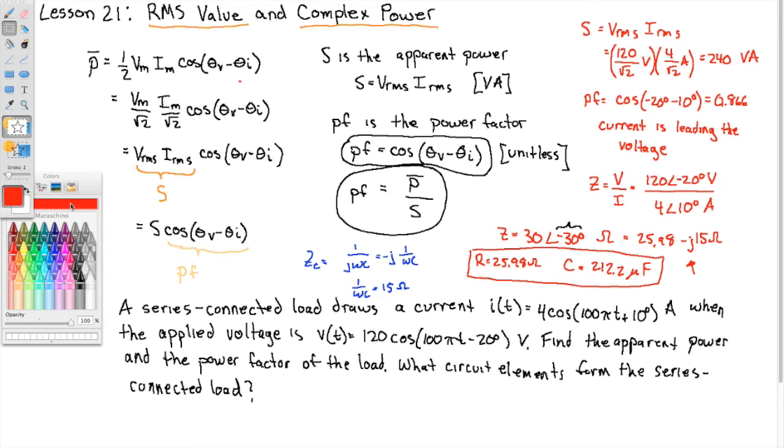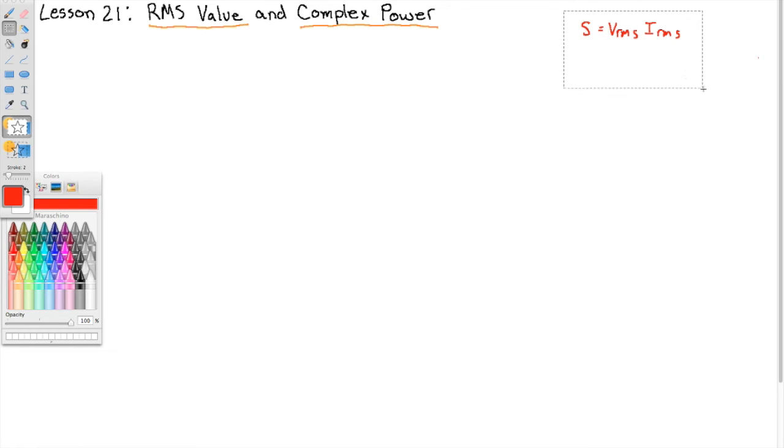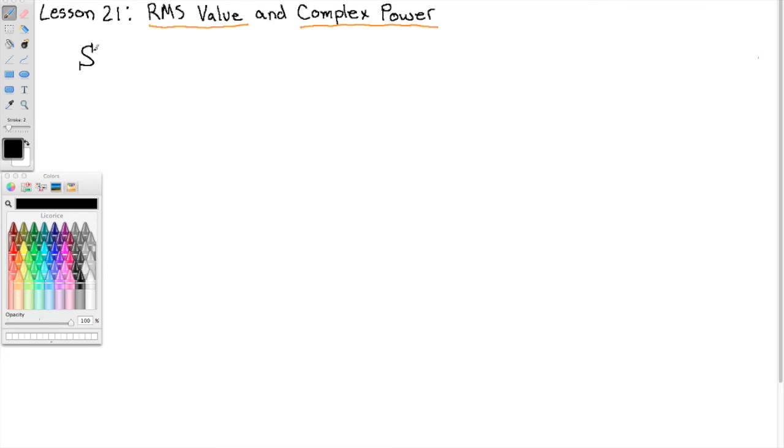Alright, so we're finally ready for complex power now. And the best way to do it is just to dive right in. So we're going to define complex power as this.